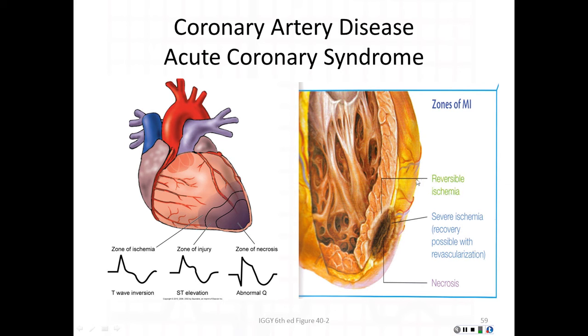Now we hope for good collateral circulation in these areas to get more blood flow to those areas, but that's not always the case. But you have zones around the area that's there. If you think about a bruise and you've seen a bruise on someone's arm or whatever, the center tends to be the darker area and the colors kind of fade out as you go further away from the area. Think about that as the injury that's going on here with the heart.